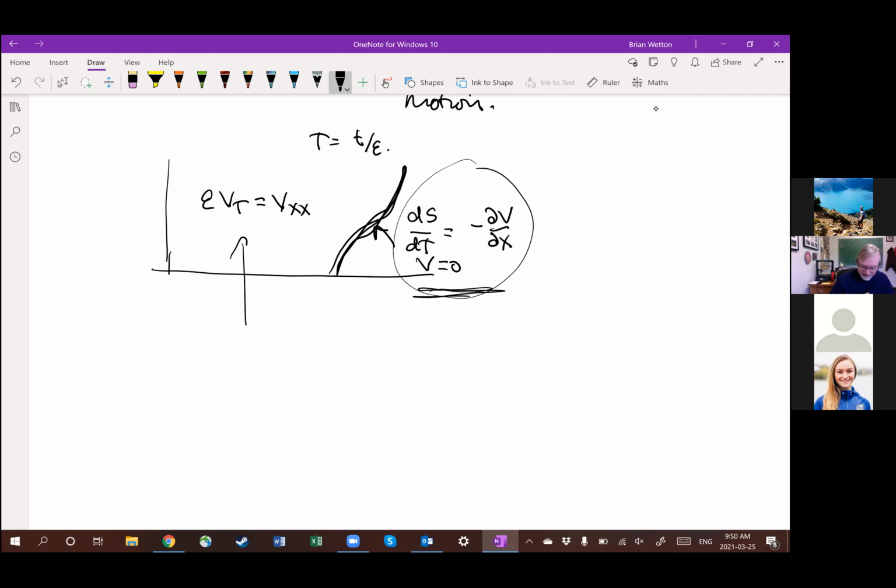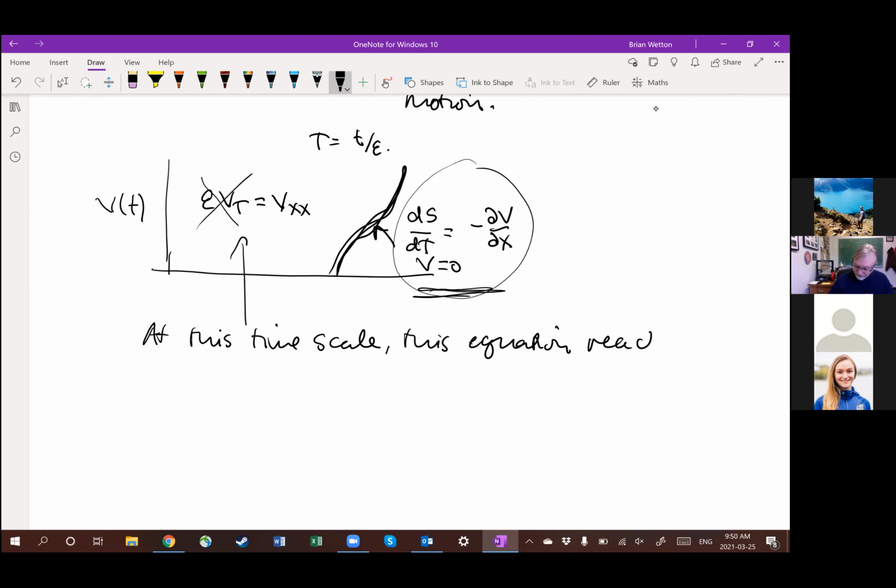So let me write out some things if you haven't seen this before. Basically, I'm going to cross this out. I've still got my boundary condition, which could depend on time, so that's something I've got to keep in mind. But I'll just say at this time scale, this equation reaches a steady state.